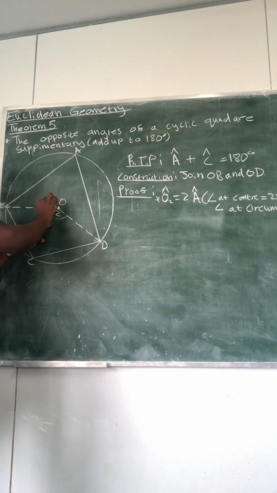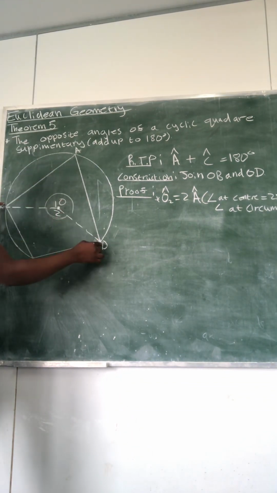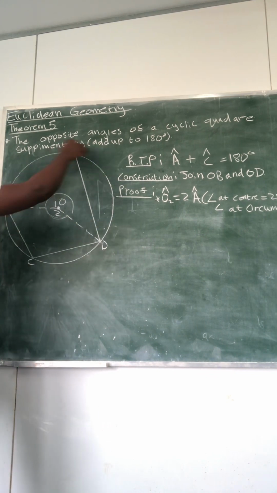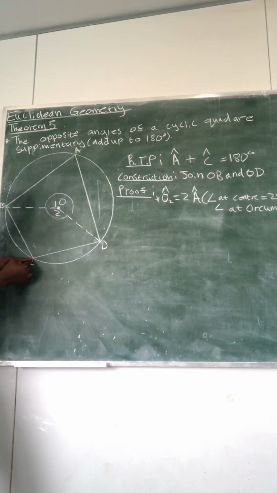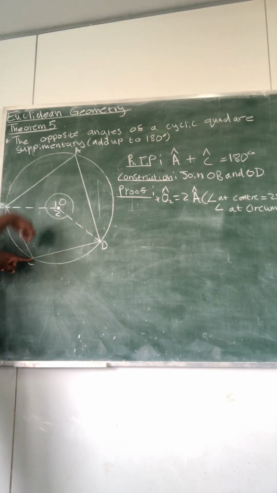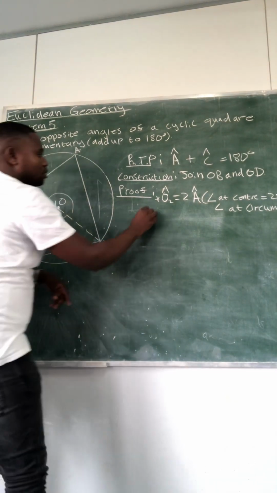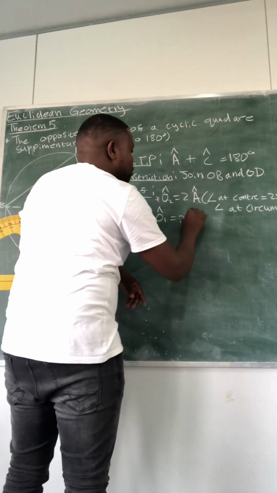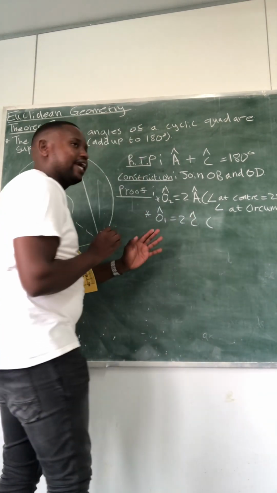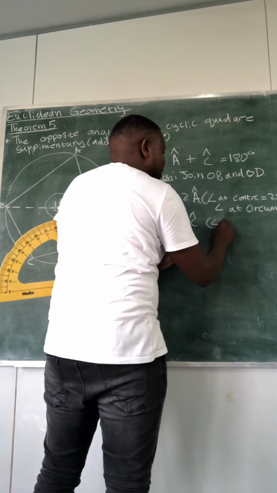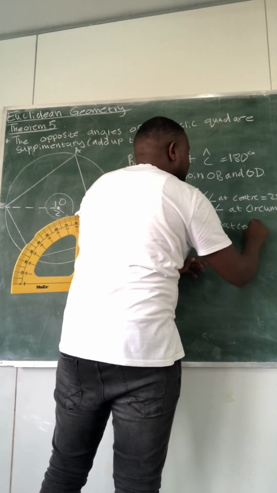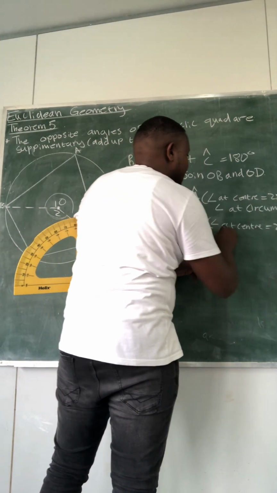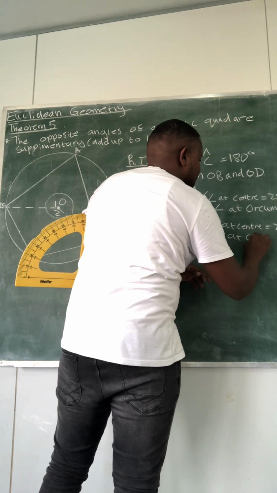So the upper part of arc BD subtends angle O1, and the upper part of arc BD also subtends what? Angle C. So angle O1 is going to be what? 2 times angle C. Angle O1 is equal to 2 times angle C. Once again, what is the reason? Angle at center is equal to 2 times angle at circumference.